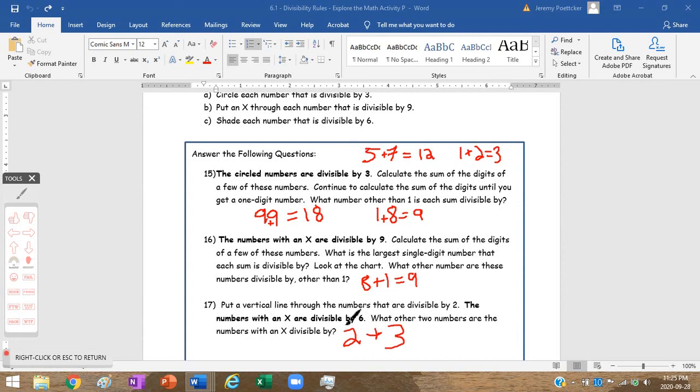Put a vertical line through the numbers divisible by 2. Numbers with an X are divisible by 6. What other two numbers are the numbers with an X divisible by? And what you will find is they are divisible by 2 and by 3.